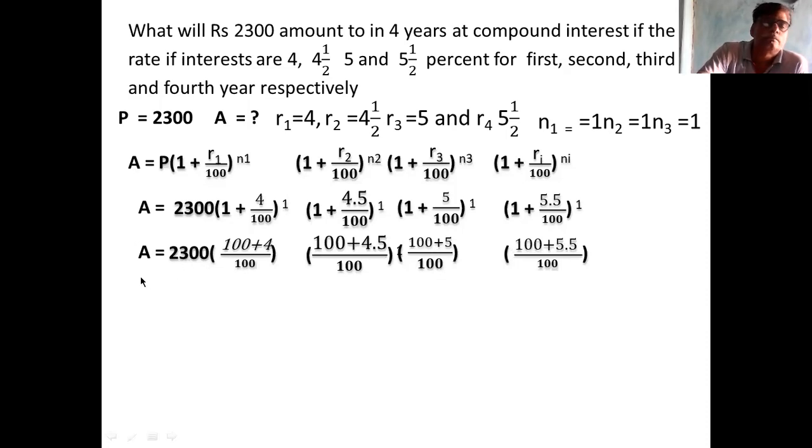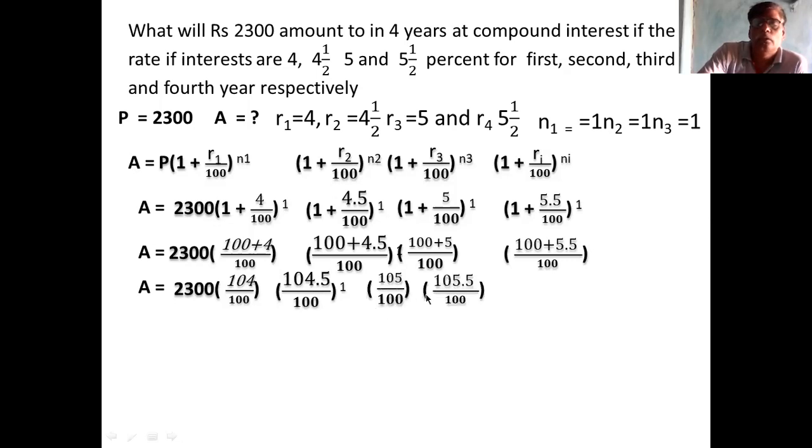Then the next step: A is equal to 2300 times the bracket 104 by 100, 104.5 by 100, 105 by 100, 105.5 by 100. Raised to 1 is there, but you can forget that.